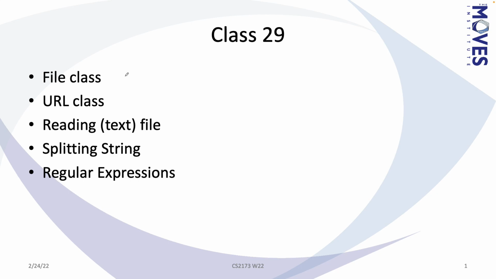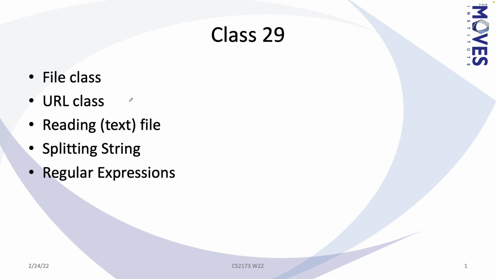The File class: a file is an abstract or conceptual representation of a file on your computer. That's the orientation. Whereas URLs can refer either to a file on the computer or to something on the internet.